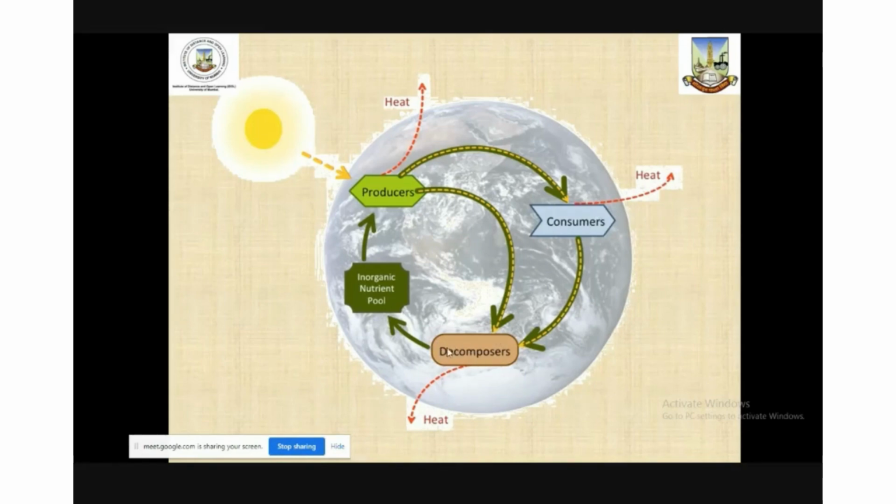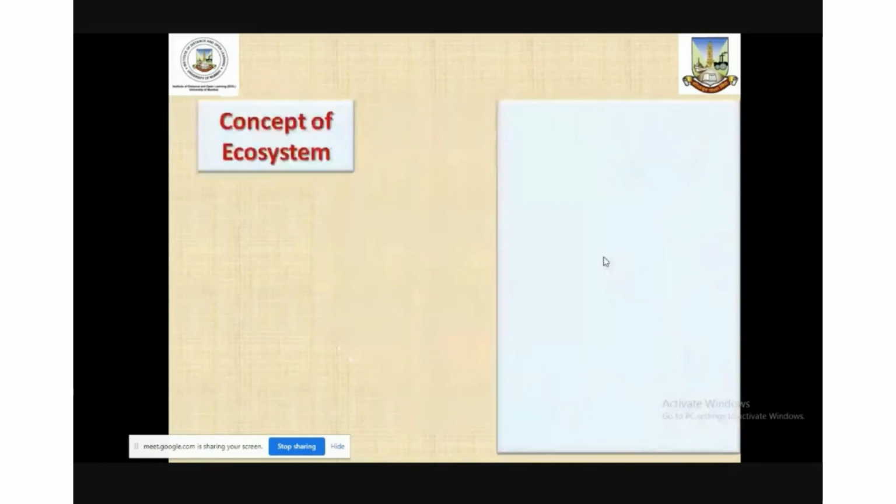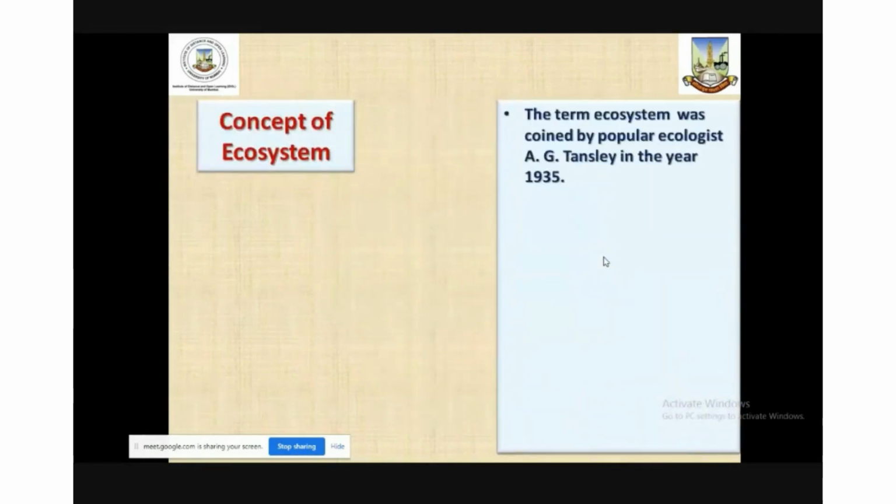And some inorganic nutrients are also used by producers from soil, and this is the cyclic nature of energy flow in the ecosphere, which goes on continuing. So in this way, the organisms, may it be producers, consumers, decomposers, interact with their physical environment or physical surrounding continuously. Now let us try to understand the concept of ecosystem.